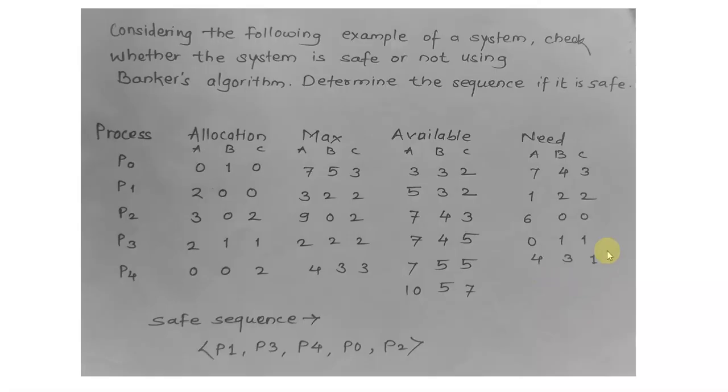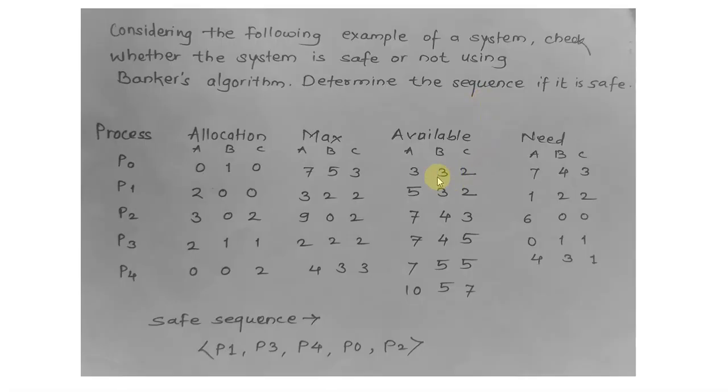So this is the current need of the processes. Here we can see how many instances are required by the processes. But currently we have 3 instances of A, 3 instances of B, and 2 instances of C freely available in the operating system.